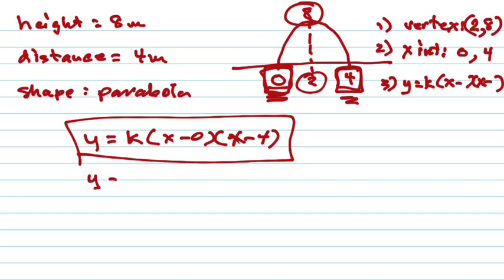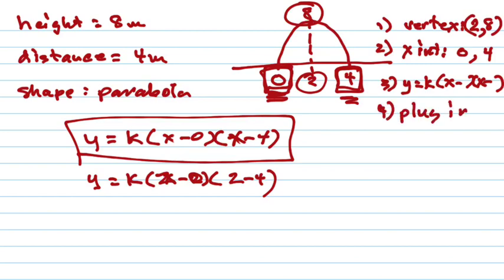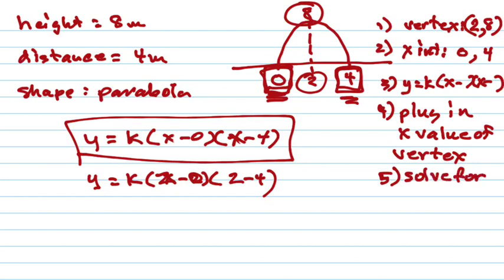So we're going to get y equals k times x minus our 2. I'm sorry, 2 minus our 0. Plug in the x value of the vertex, and then just solve for k.